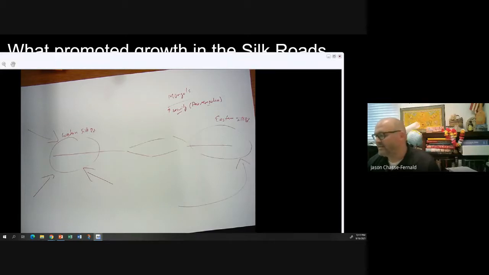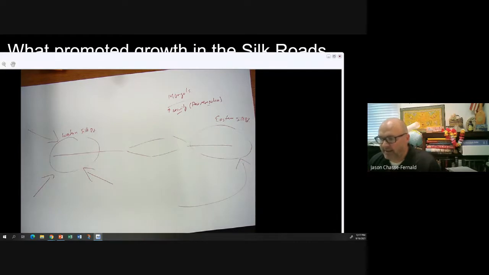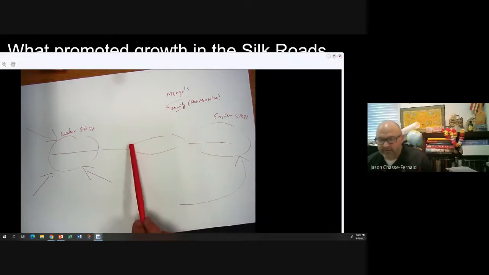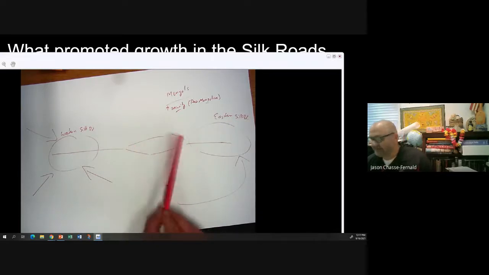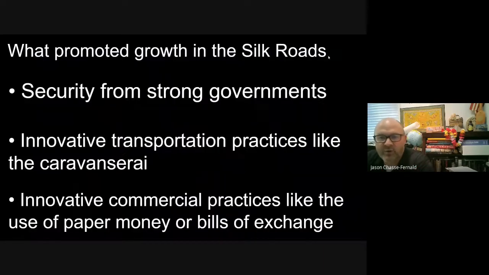Businesses want to invest their money in places that are safe, where you're not going to get robbed. That's where people want to invest their money, in business and transactions, and we're seeing that in this time period on the Silk Road. It becomes a very peaceful and stable geographic region during Mongolian rule.